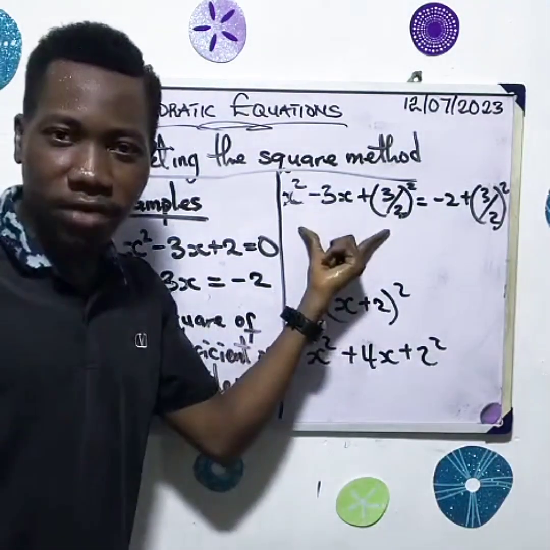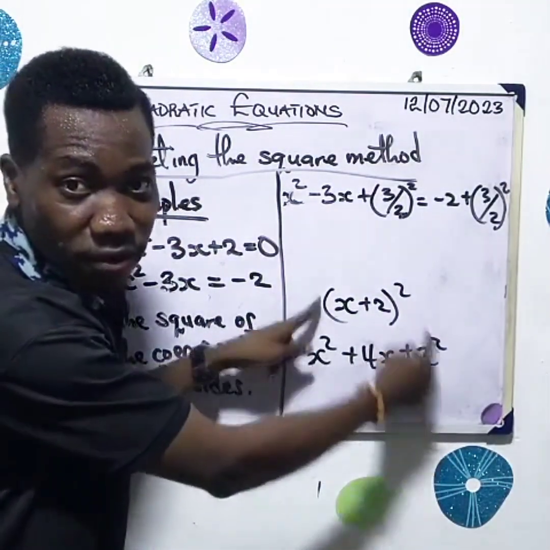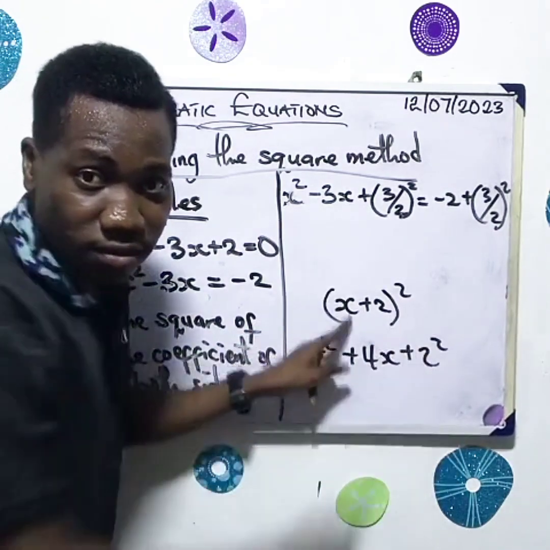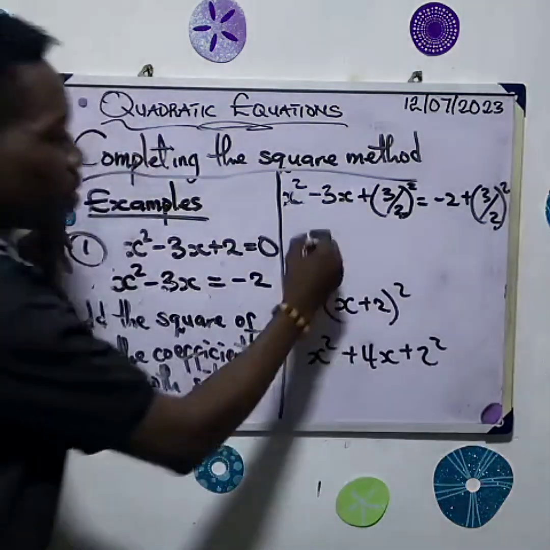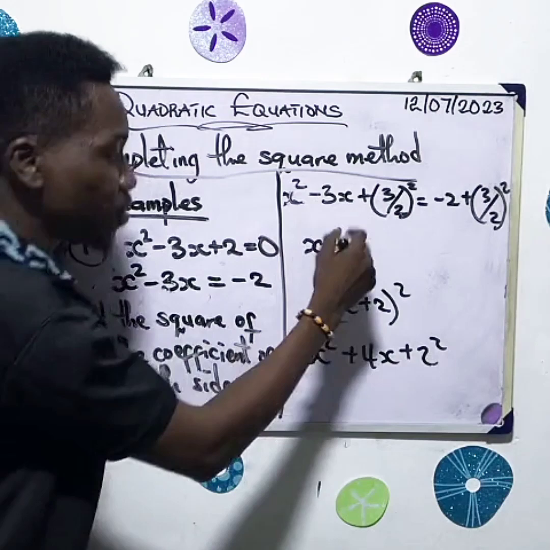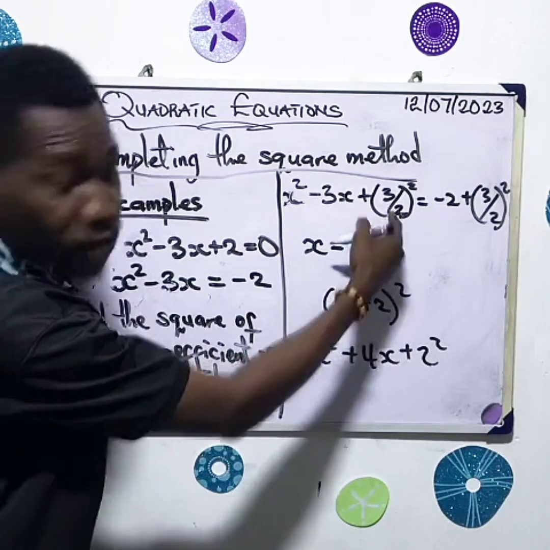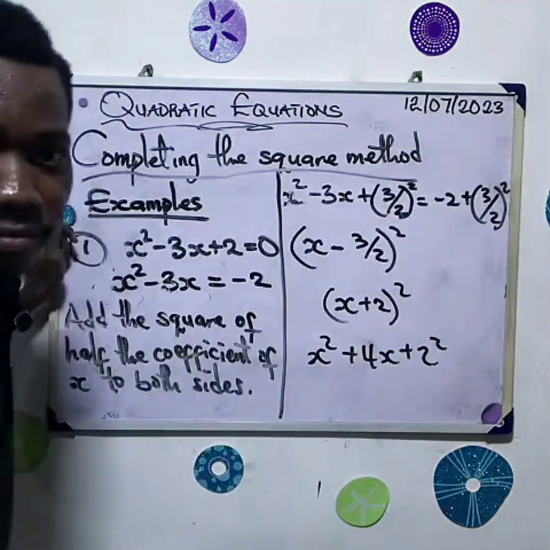That's exactly what we have here. So when I have this, I can factorize it and reduce it to this. So I can now reduce this to become x, pick the sign here, minus, pick this 3 over 2 here, then square all.